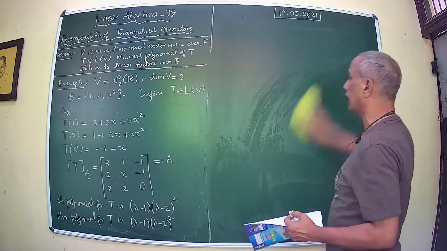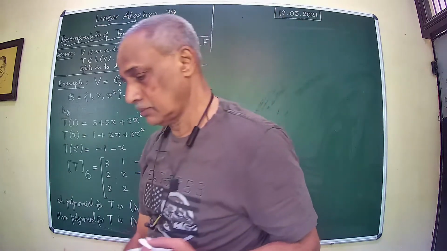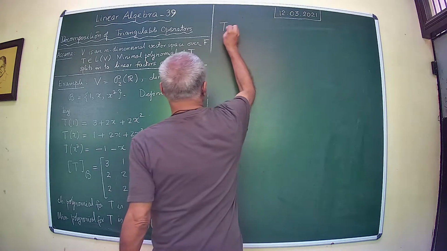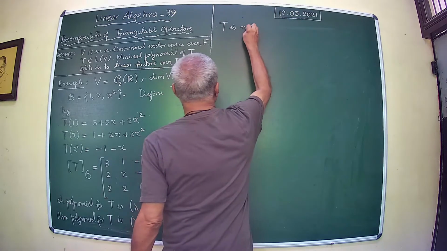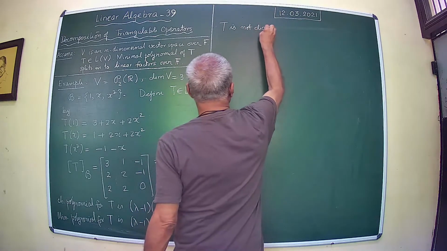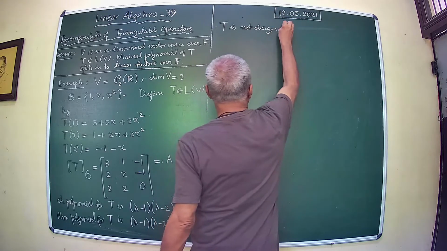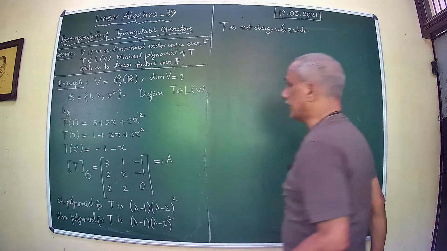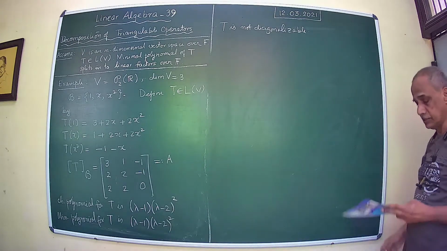Therefore, T is not diagonal. It's a typical case for the situation that we got.